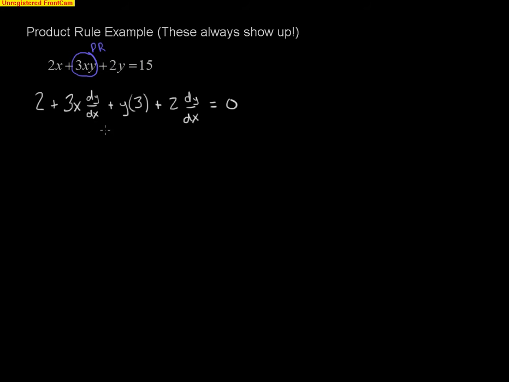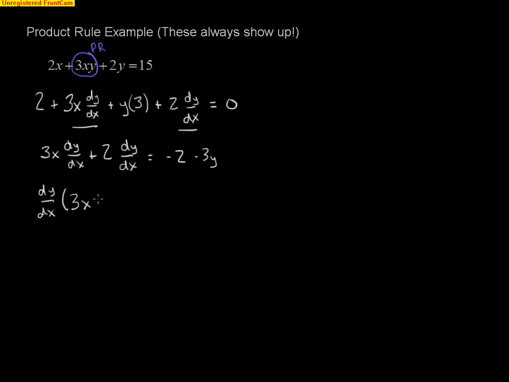Alright, so now the rules say get all the dy dx's on one side. So we're going to leave this put and leave this put on one side, move everything else over. So I'm going to have a 3x dy dx plus a 2 dy dx equaling a negative 2 minus 3y. Alright, so now I have two terms, so I'm going to factor out a dy dx because they both have that.